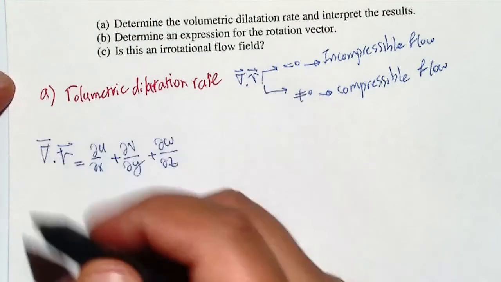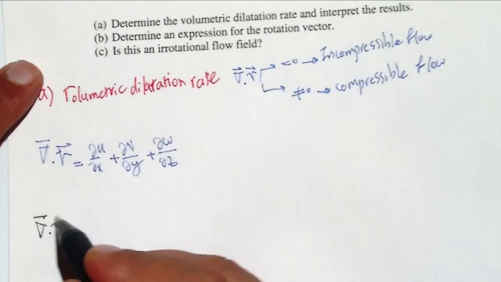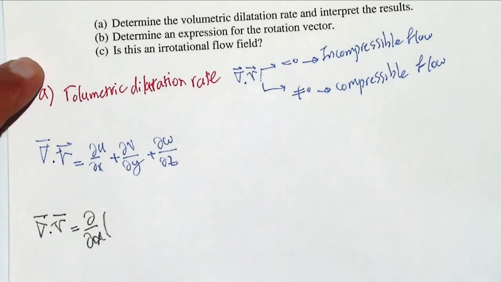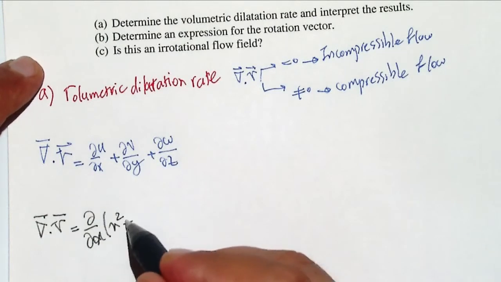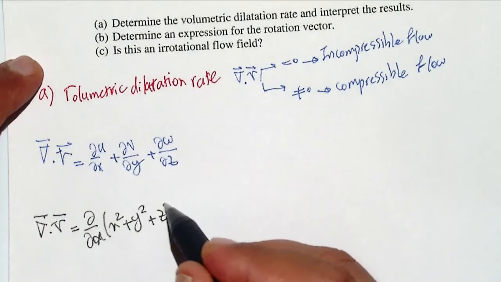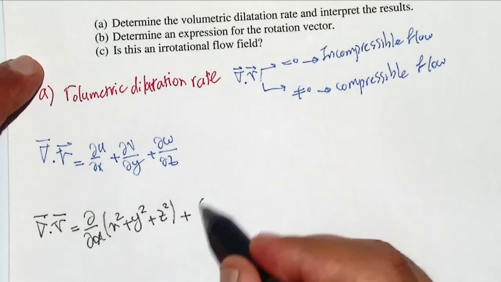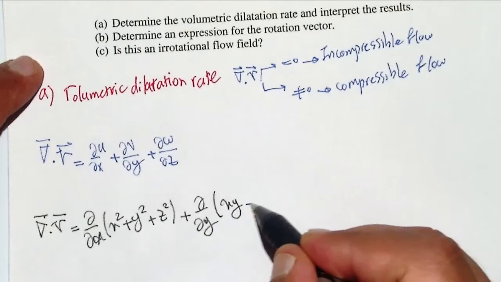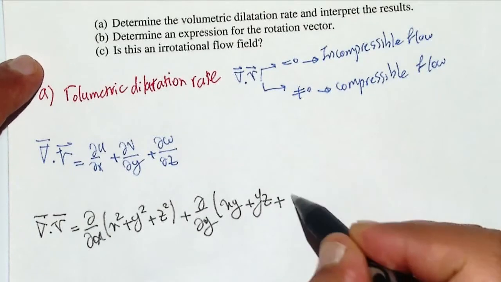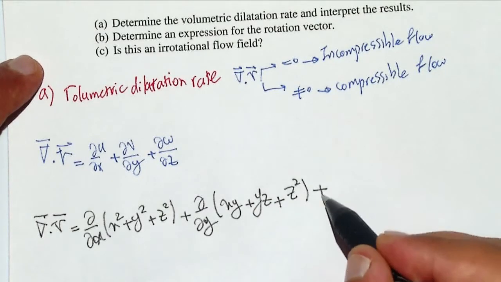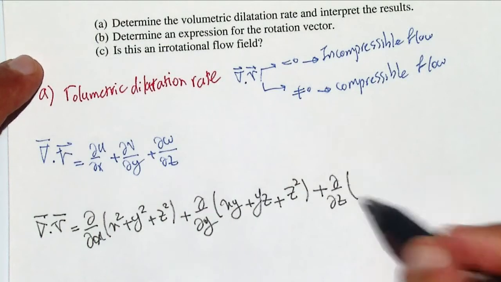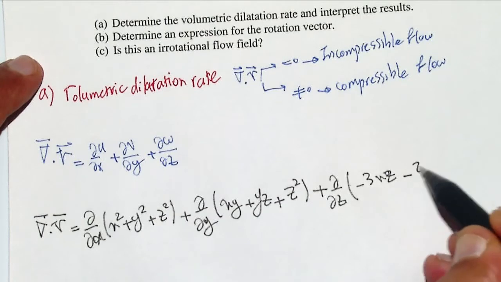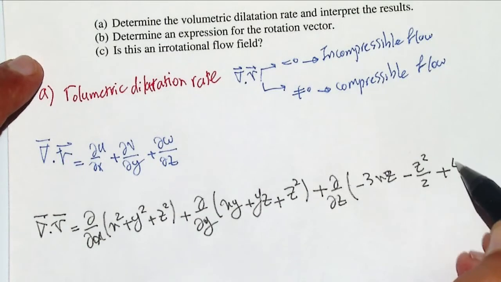So for gradient dot v, I can replace this with u. The u is x squared plus y squared plus z squared, which is given, plus the partial derivative with respect to y of v, which is xy plus yz plus z squared, plus the partial derivative with respect to z of w, which is minus 3xz minus z squared over 2 plus 4.